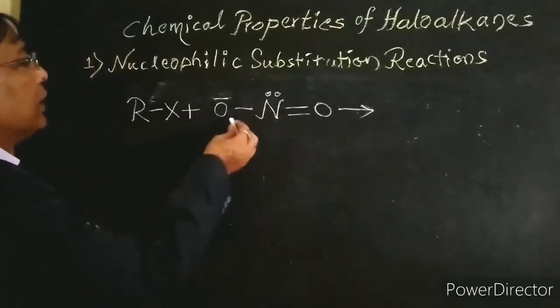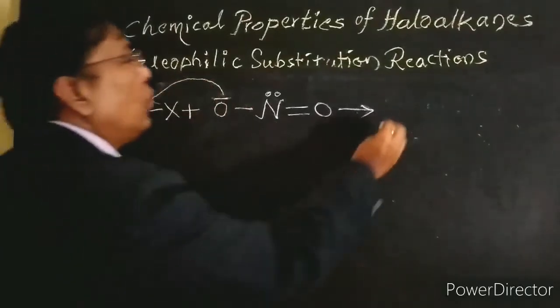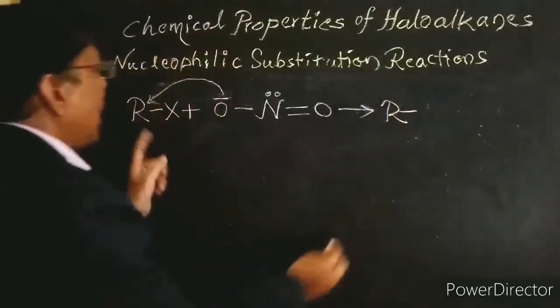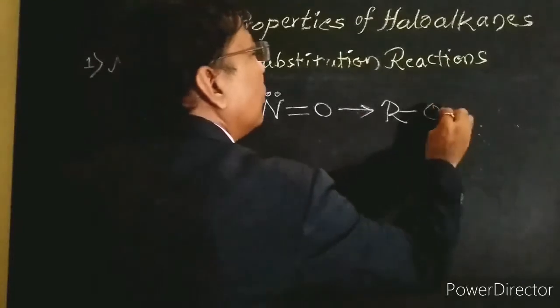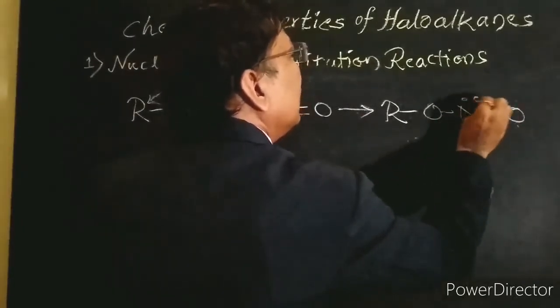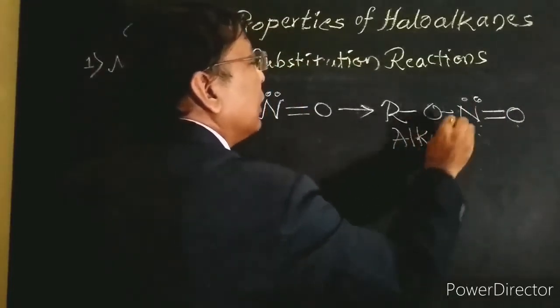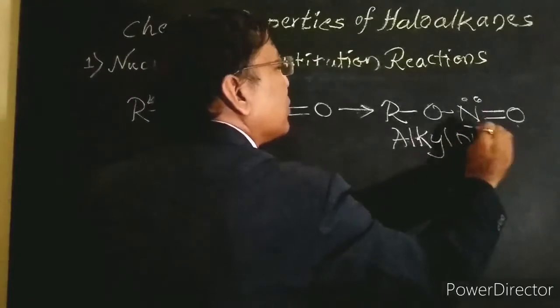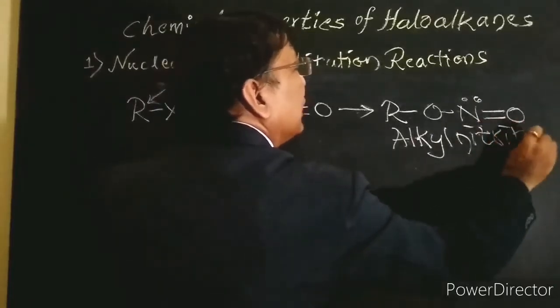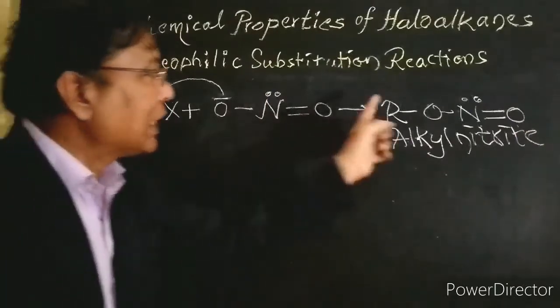If the linkage takes place through oxygen, we get R-O-N=O. This is called alkyl nitrite. If the linkage takes place through oxygen, we get nitrites.